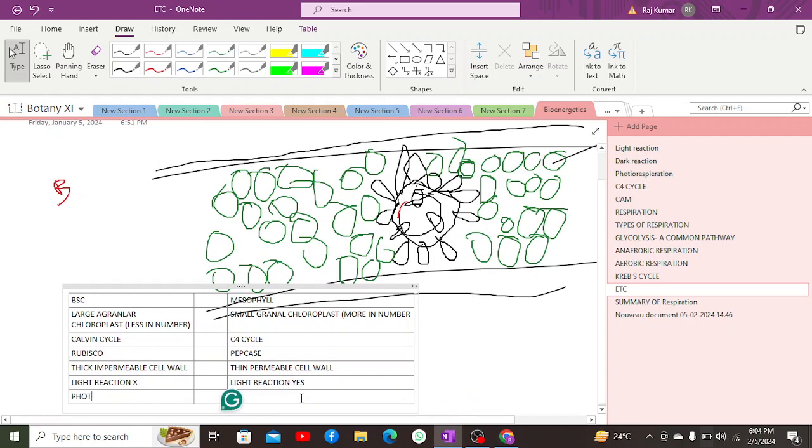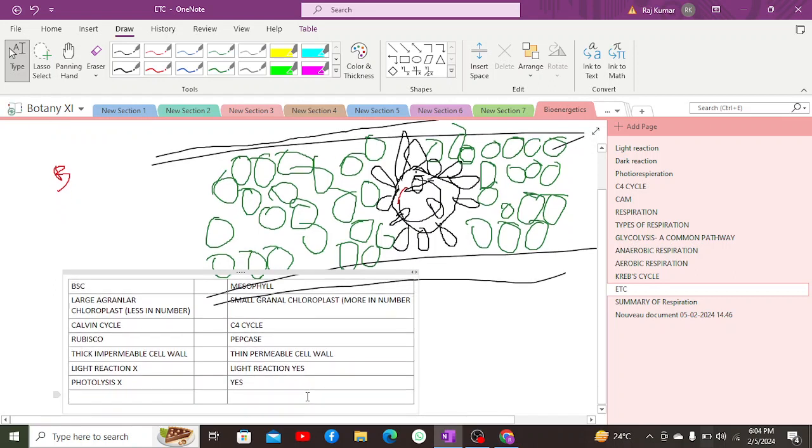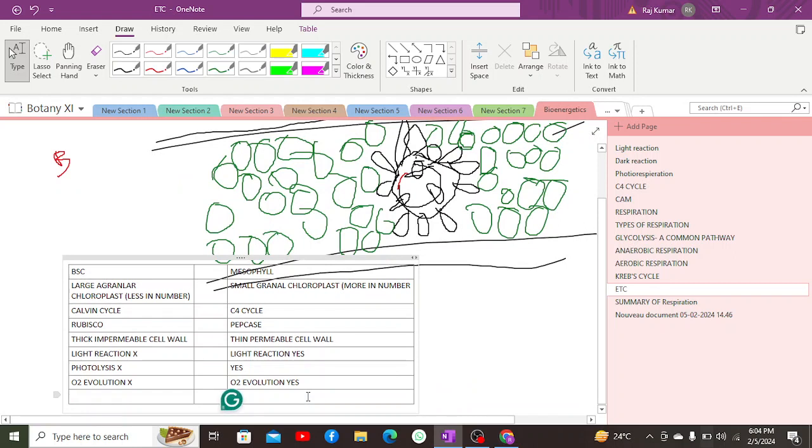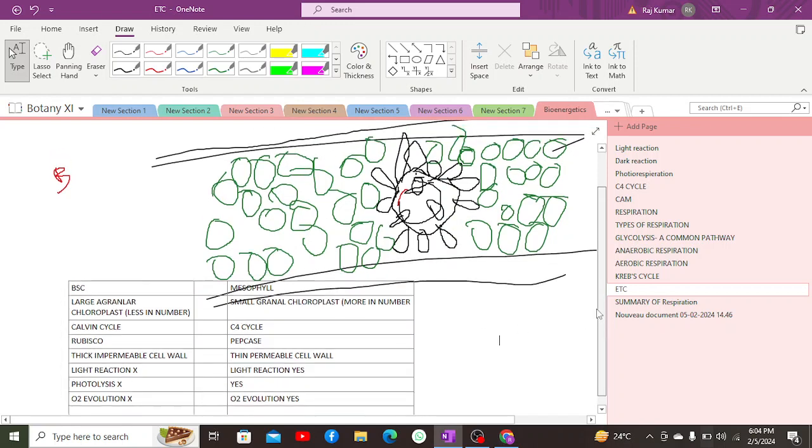Photolysis, no, photolysis, yes. Oxygen evolution, no, and oxygen evolution, yes. So this is a basic difference between Kranz anatomy.